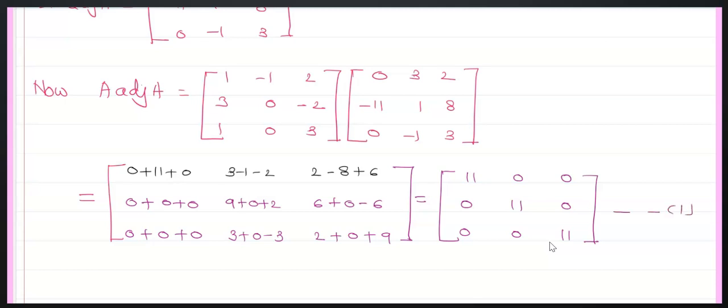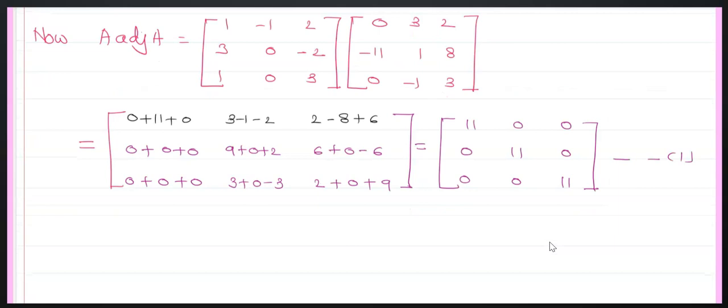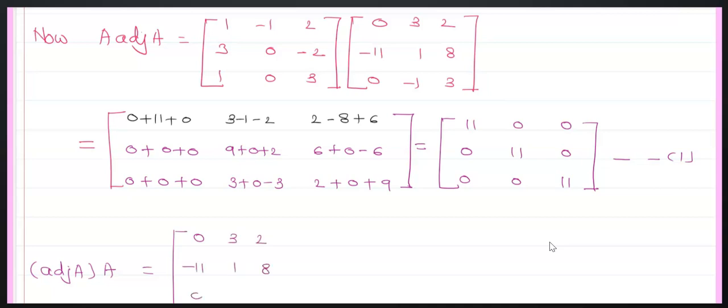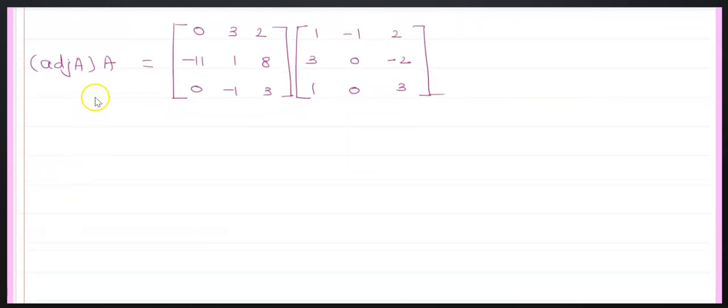Now next is adjoint of A into A. Adjoint of A is 0, 3, 2, minus 11, 1, 8, 0, minus 1, 3, into A. Now again the first row, first column, first row, second column, first row, third column.